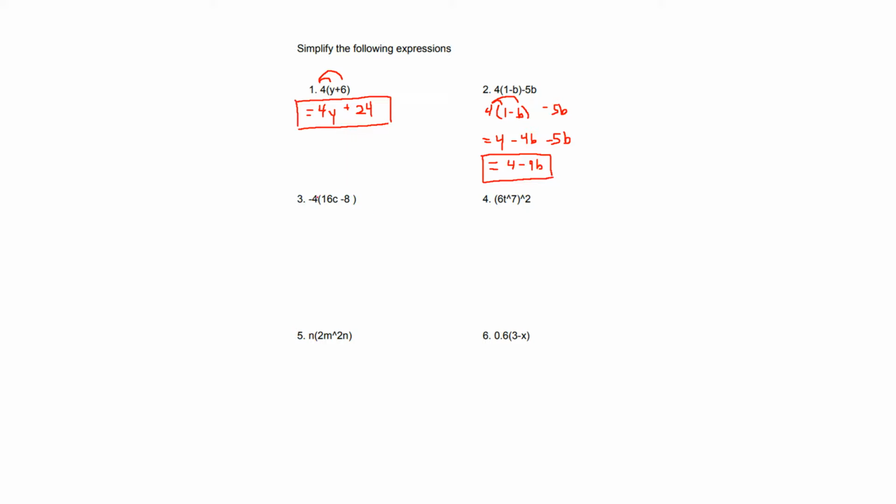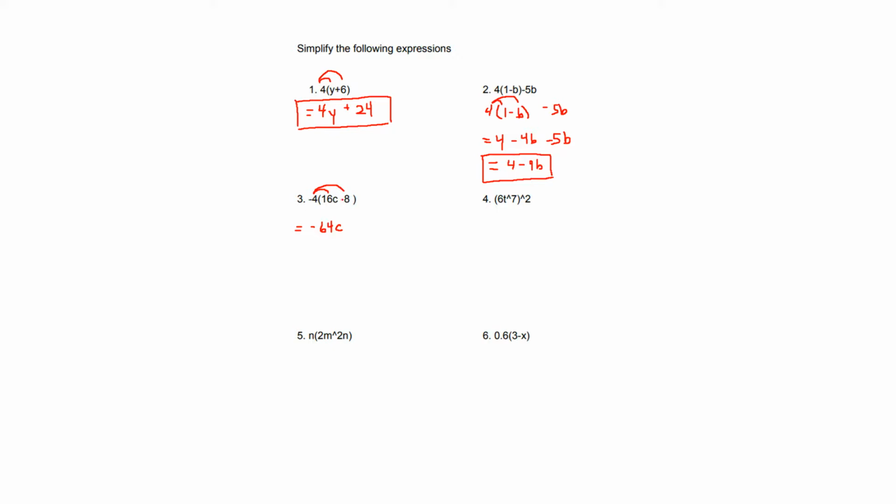Okay. Number 3, it's similar to number 1. You just distribute to simplify. So you distribute the negative 4. And this is going to be negative 4 times 16, which is 64. Yeah, 64. And then you multiply the 4 to the 8.